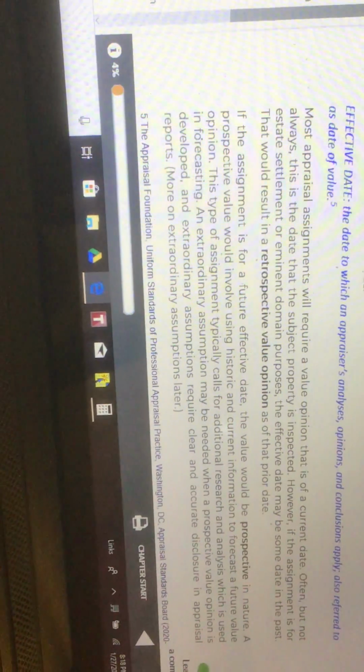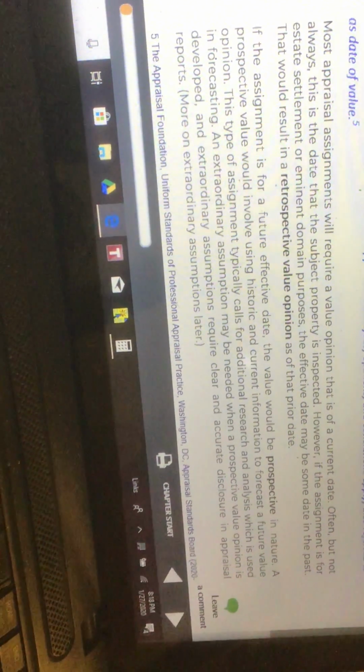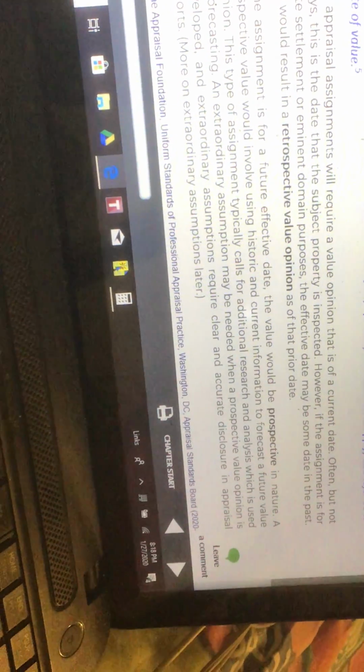This type of assignment typically calls for additional research and analysis, which is used in forecasting. An extraordinary assumption may be needed when a prospective value opinion is developed.